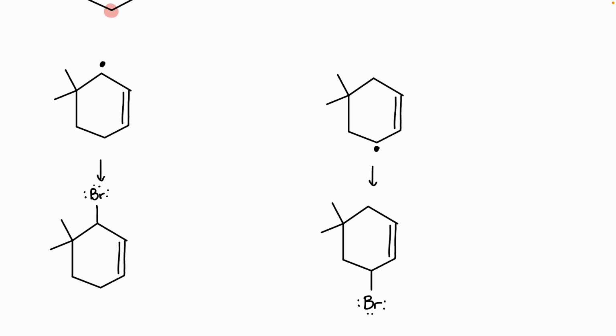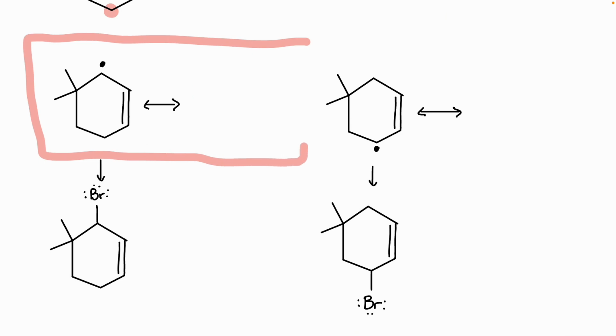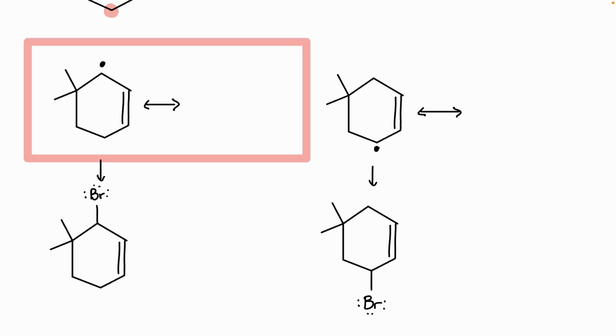All right, but in addition, I also have to draw my resonance contributor for each one of these allylic radicals. All right, so take a second to draw my resonance contributor for each one of these radicals here.